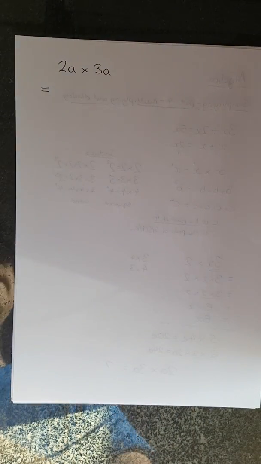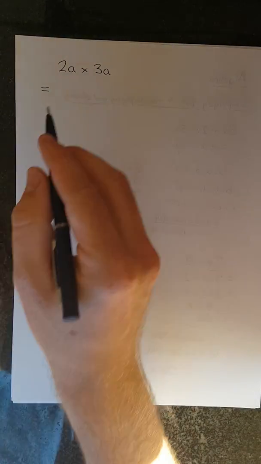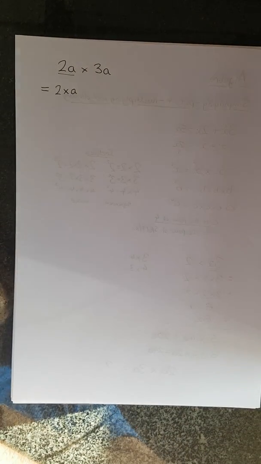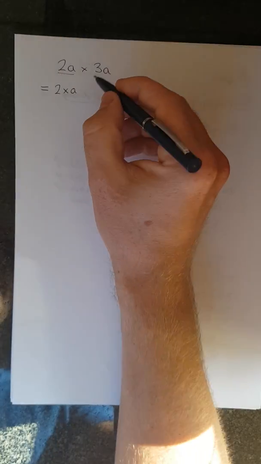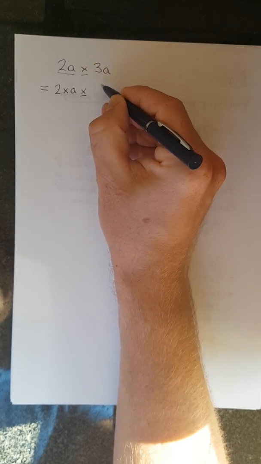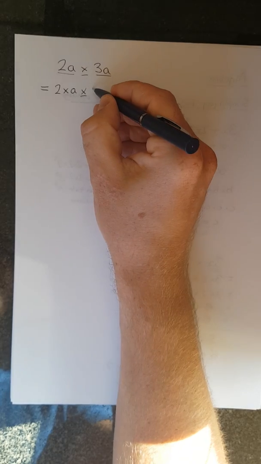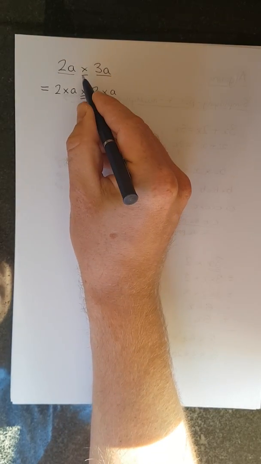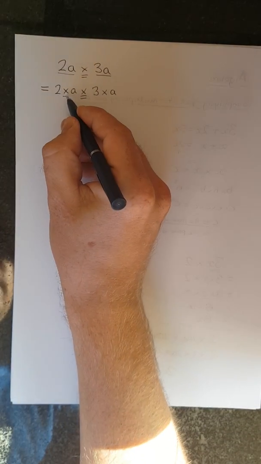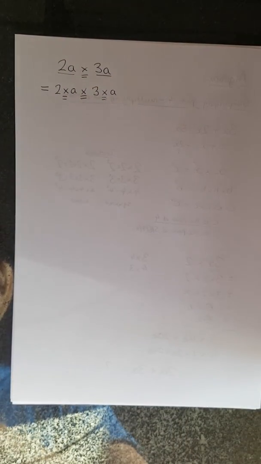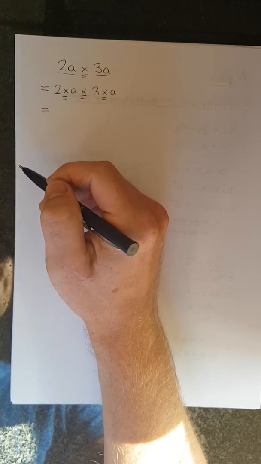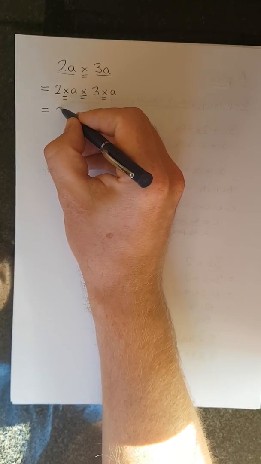So, let's take our terms apart. 2a means 2 times a. That's multiplied by another 3a. 3 times a. This multiplication that we could see in the original question is no different from these other two. Shall we put these terms in a different order and see what we get?